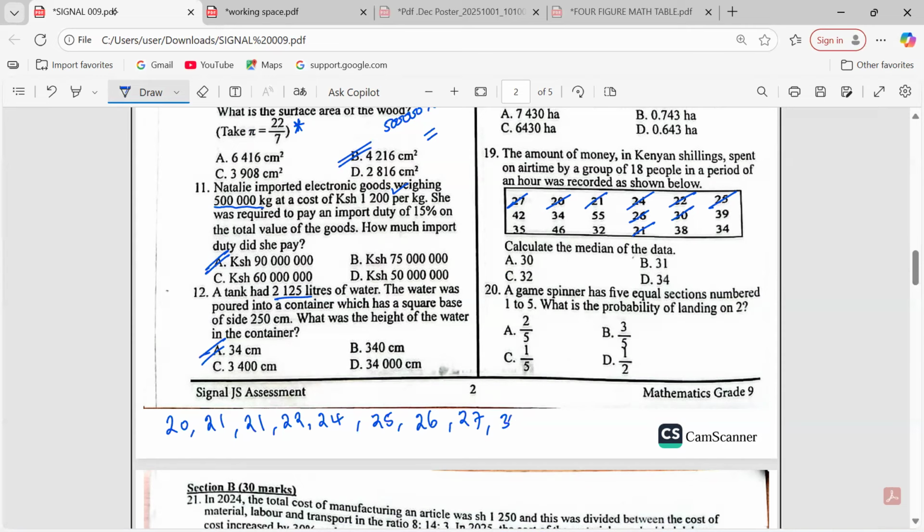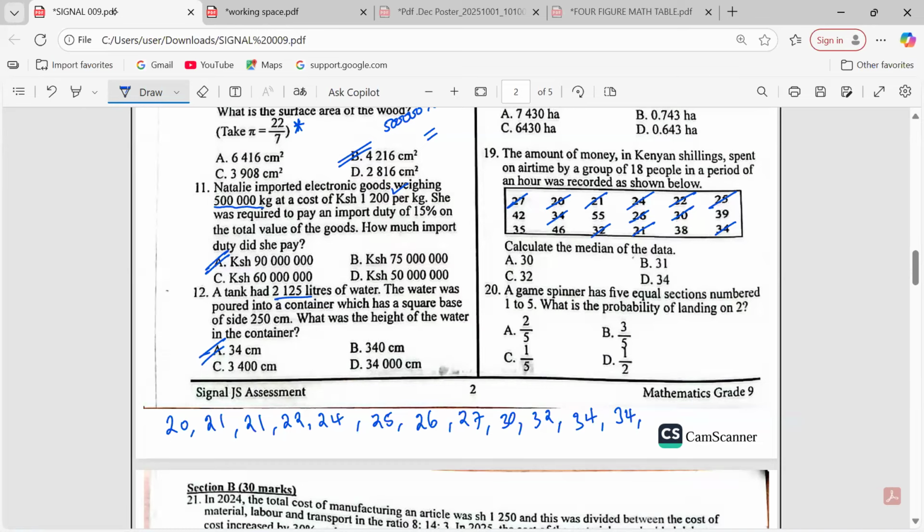So we have 30. Then 31. 32. No. Yeah, 32 is here. Then 33. 34. 34s are 2. We state the two of them. 34, 34, like that.